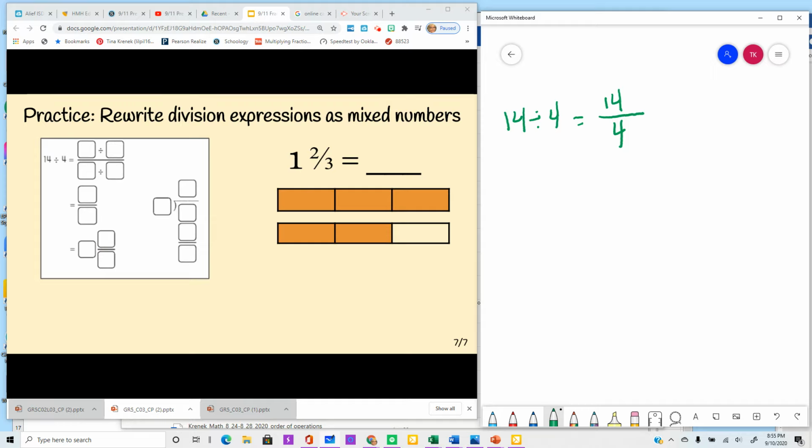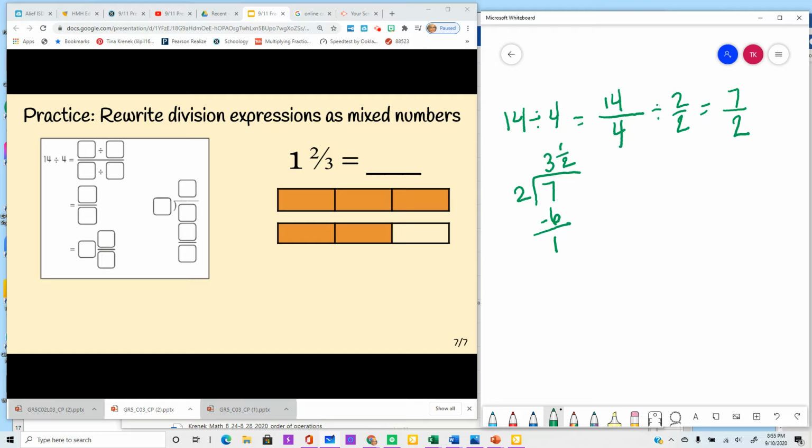We can divide by 2 at this point, and then we're going to get 7 halves. And from 7 halves, we divide 7 by 2. 7 divided by 2 is 3. 3 times 2 is 6. 3 1/2.